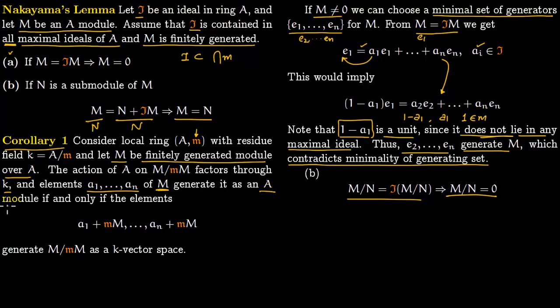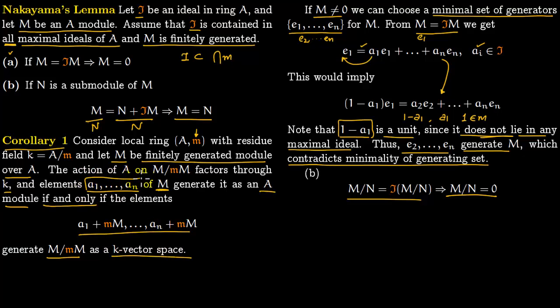generate M as an A module if and only if the elements a1 plus mM, all the way to an plus mM, also generate this M modulo mM as a K vector space.